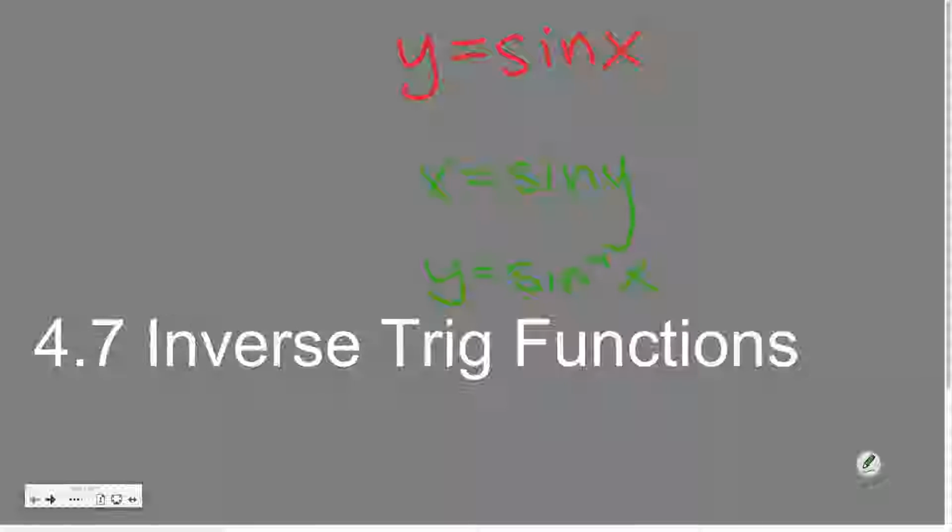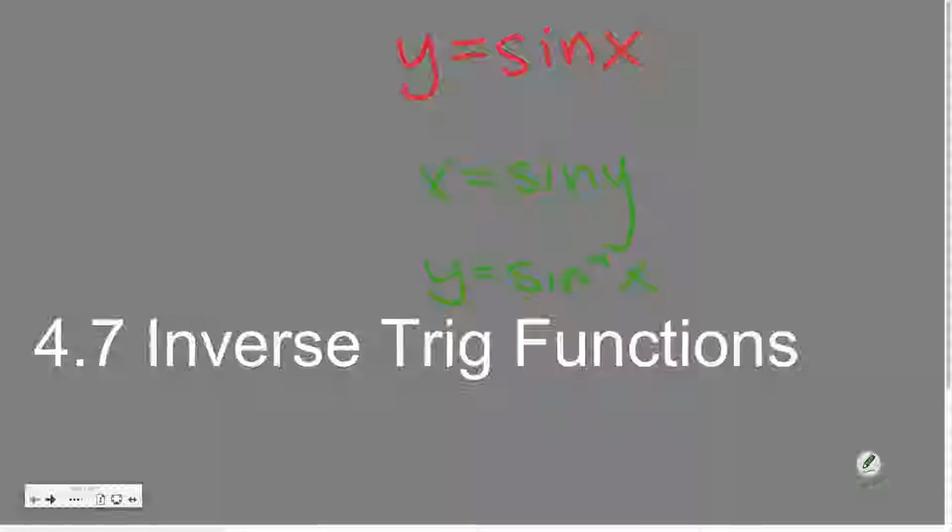What's happening with an inverse, let's talk about up here. In our normal function, our input was an angle and our output was a ratio. The sine of pi over 3 equals radical 3 over 2. So we input an angle, our output is a number.